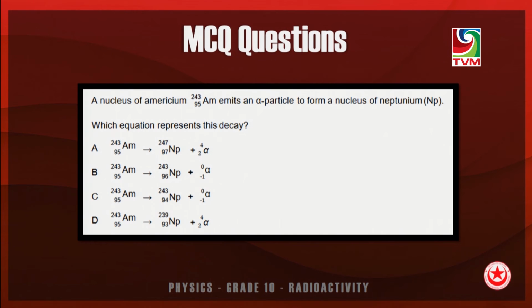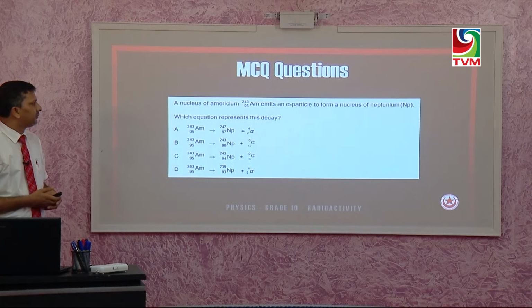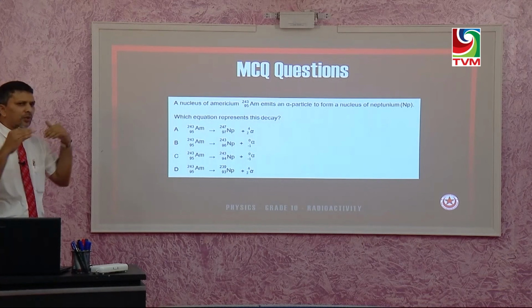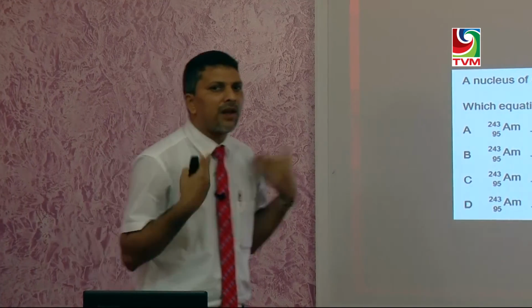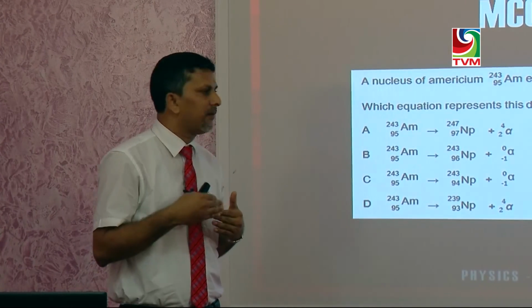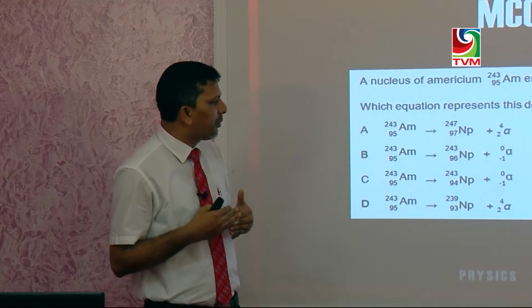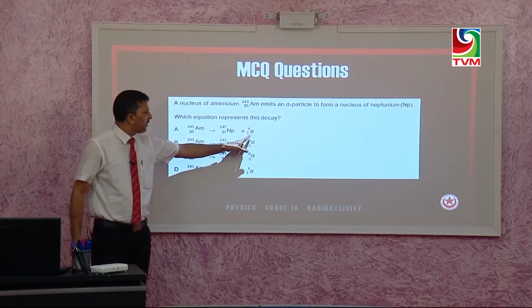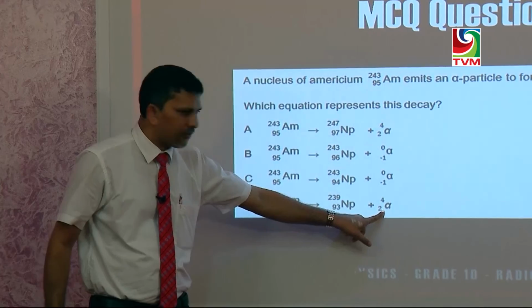Then another question. A nucleus of americium 95-243 emits an alpha particle to form a nucleus of neptunium. Which equation represents this decay? You can try to find the answer. Try to remember the alpha particle symbol, then we will get it easily. So, the alpha particle symbol is this one and this one.